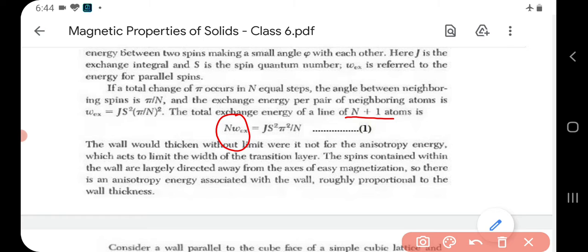The spins contained within the wall are largely directed away from the axis of easy magnetization, which we have discussed in earlier classes. So definitely an anisotropy energy will be associated with the wall, and that anisotropy energy will be proportional to the thickness of the wall.